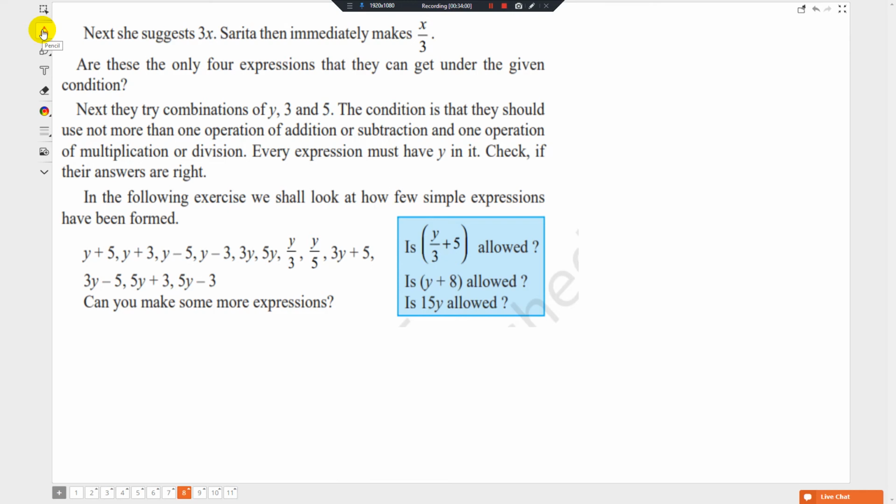These expressions are very simple, like y plus 5, y plus 3, y minus 5, y minus 3, 3y, 5y, 3y plus 5, 3y plus 3, 3y minus 5, 5y plus 3, 5y minus 3. So they come in the category of addition and subtraction expressions.